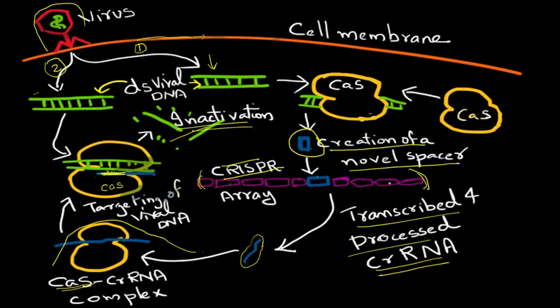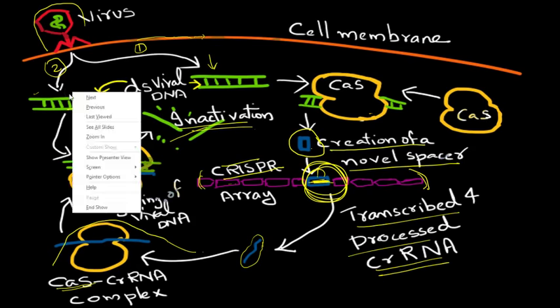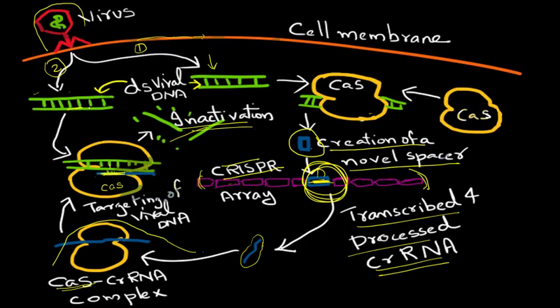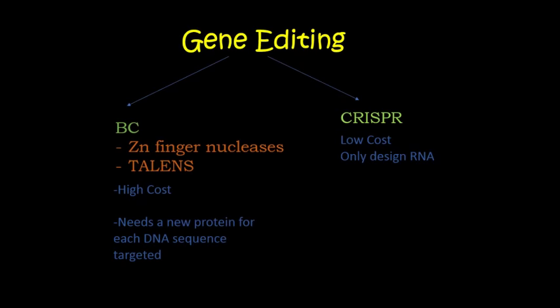In this CRISPR locus we have to have a sequence that is complementary to a sequence here, and if the sequence in the CRISPR is complementary to another DNA that is coming into contact, then that DNA will be cut by the Cas enzyme. So that is the basis of genetic engineering, genome editing.